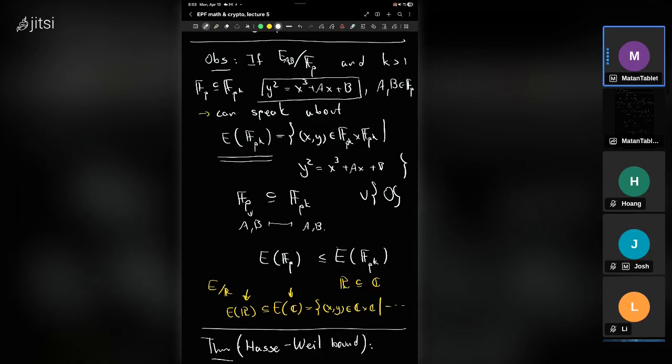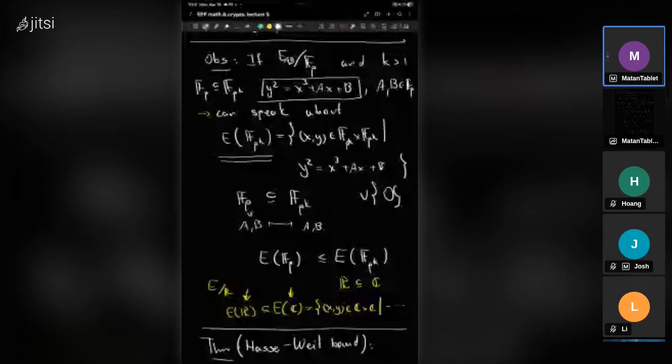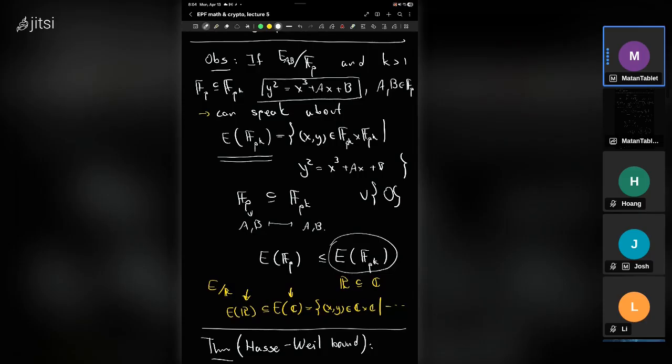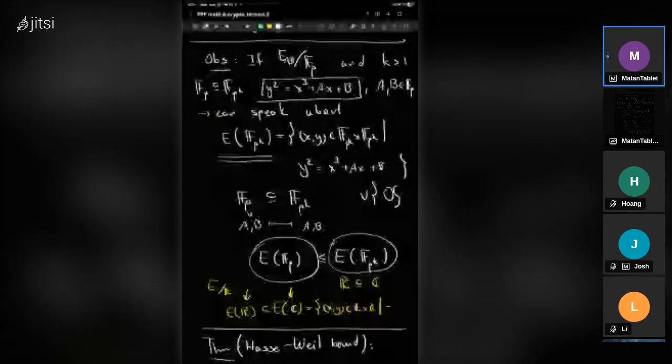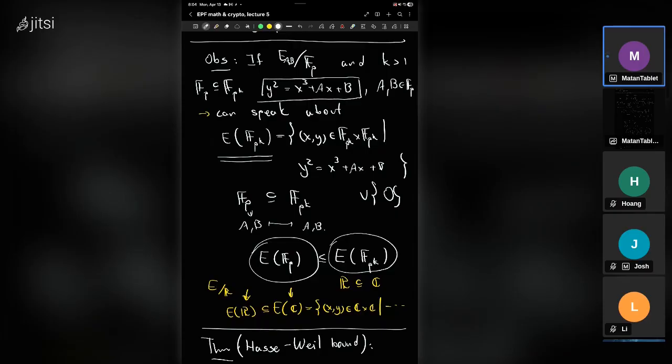Basically the same constructions we described, with the line connecting the two points, intersecting the curve and reflecting, or doing the tangent line and so on, also give a group structure on E(F_p^k). And E(F_p) is a subgroup of this bigger group. It could be that they are equal, but potentially this group is bigger. Is this clear, Lee?